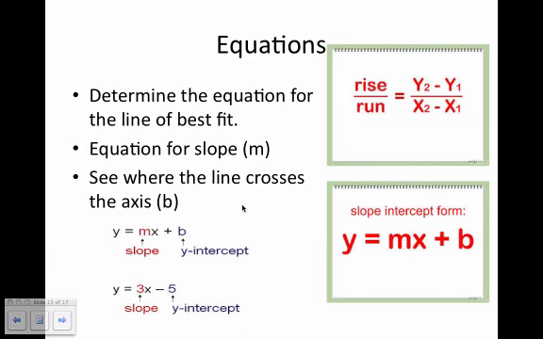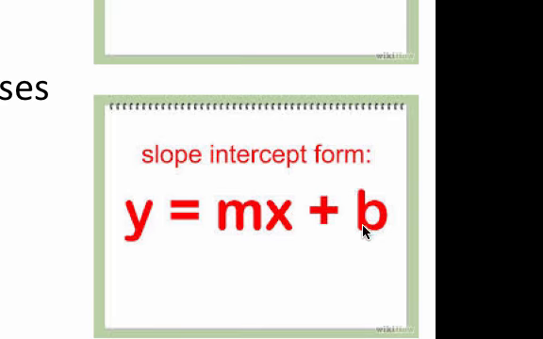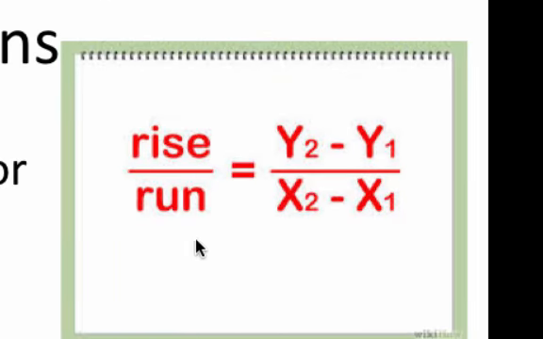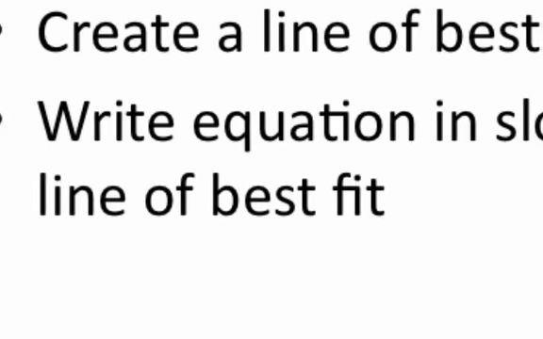And then you see where the line of best fit crosses the y-axis, and that will be your b, as seen here in the slope-intercept form. So we can see that m is slope. The equation is right here, rise over run, and b is your y-intercept. And all you have to do is plug in the numbers that you found.